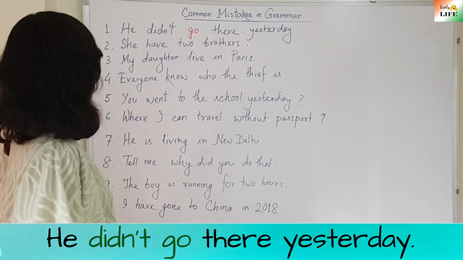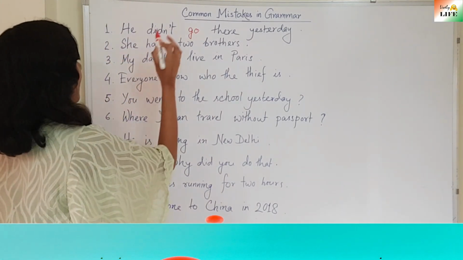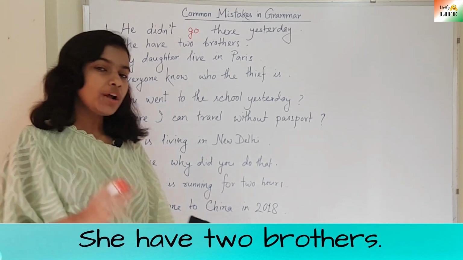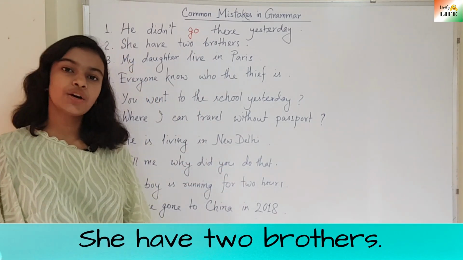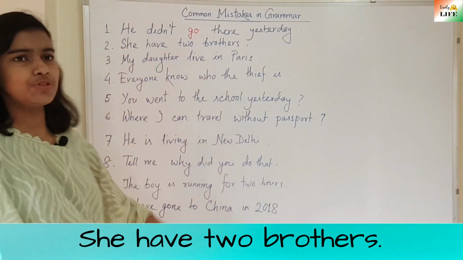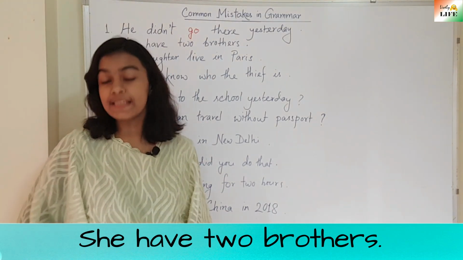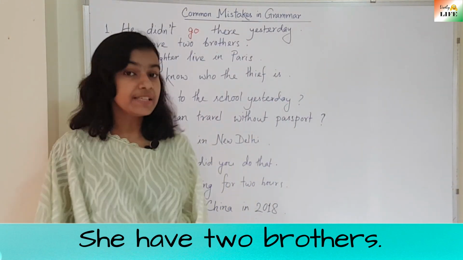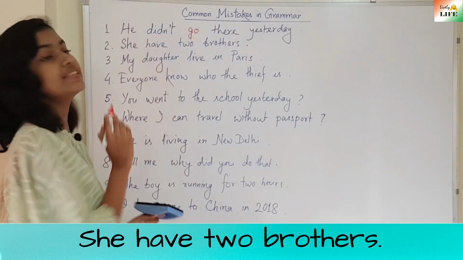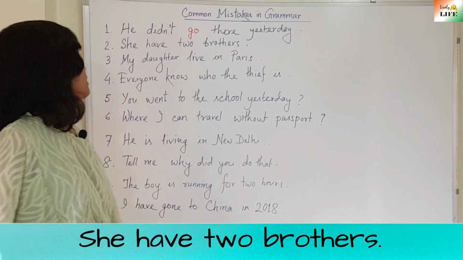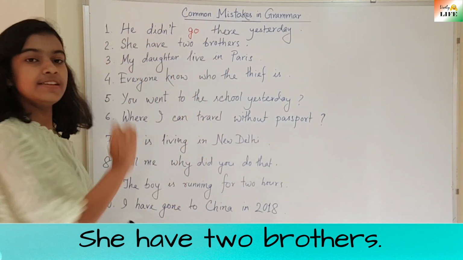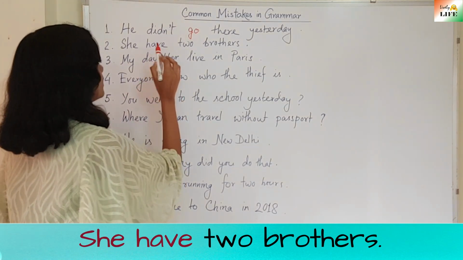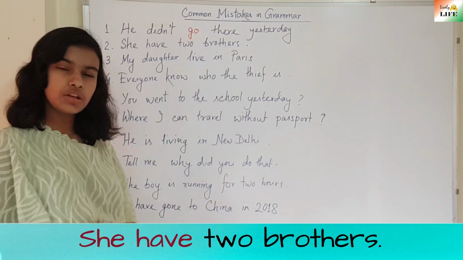Now the second one is she have two brothers. So can you guess what is wrong in this sentence? We might use this sentence, she have two brothers, but this sentence is actually wrong. The mistake over here is with the subject verb agreement. We have used she as the subject, but we have used the helping verb have.